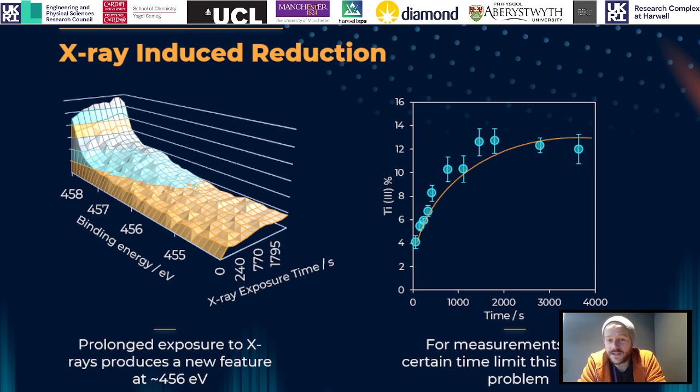So when we quantify these, as in using the graph on the right, we can see that after a period of initial reduction at quite a rapid rate, we do plateau off, but we're ending up with about 15% titanium 3+ when these materials start to stabilize under the X-ray. So clearly this isn't representative of our sample, and is going to cause us some difficulties when it comes to trying to understand the XPS spectra and the signals produced from this.